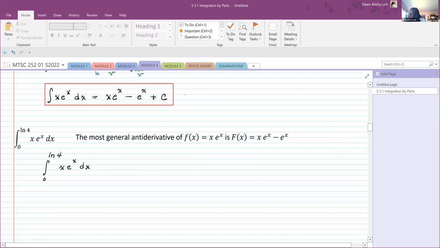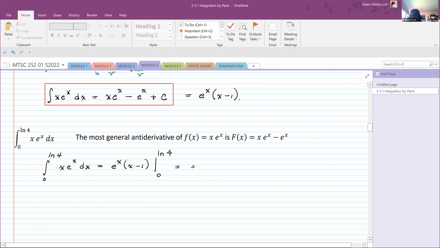Well, you know what? I can write this as e to the x times x minus 1. That's easy. So this is e to the x times x minus 1, and it's evaluated between 0 and natural log of 4.